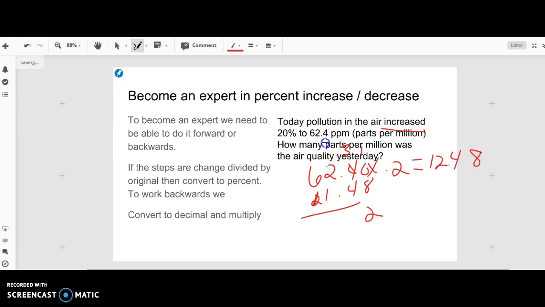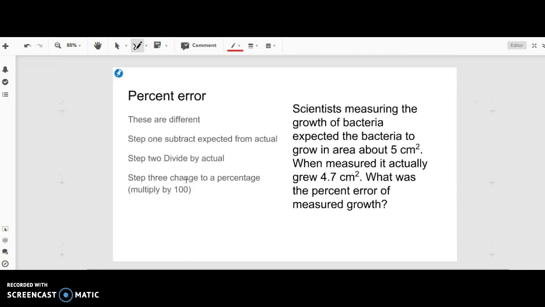Got to borrow 1 here. 13 minus 4 is 9, decimal point. 1 minus 1 is 0. 6 minus 1 is 5. So 50.92 parts per million. Just working it backwards, looking at the answers. We remember this from yesterday, or maybe 2 or 3 days ago from when you did it.